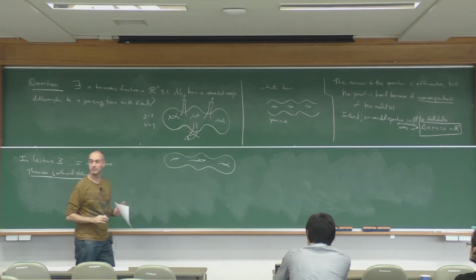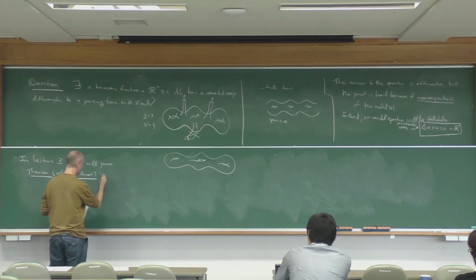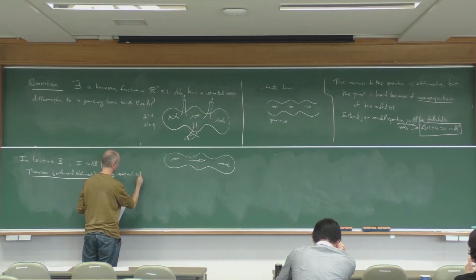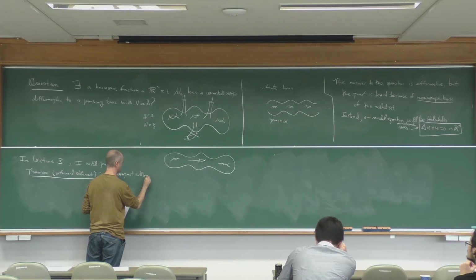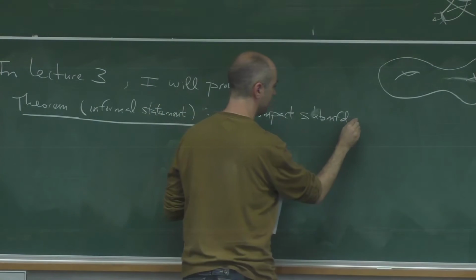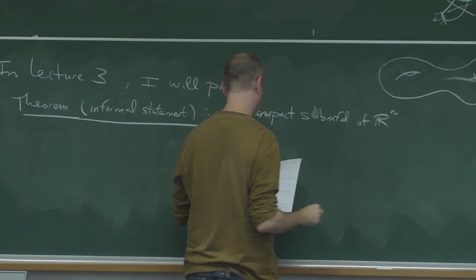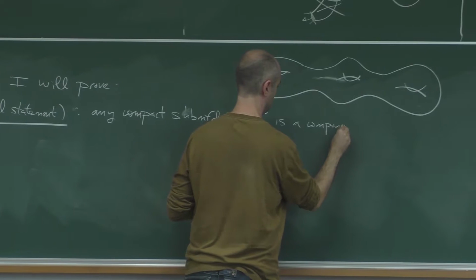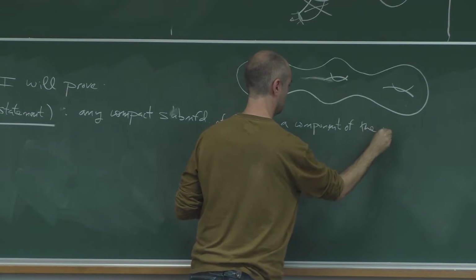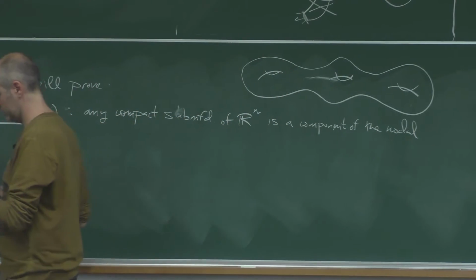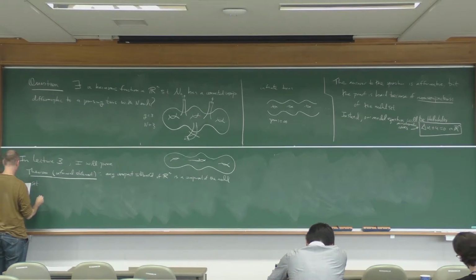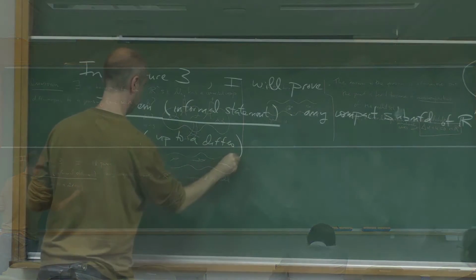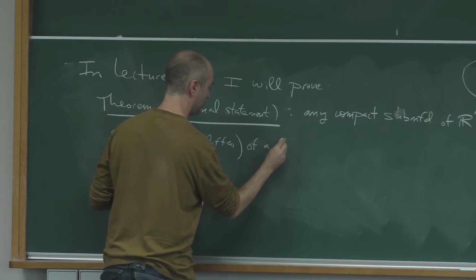The genus 3 torus, compact. Okay, so the theorem says that any compact submanifold of the Euclidean space is a component of the nodal set, up to a diffeomorphism, of a solution to Helmholtz.